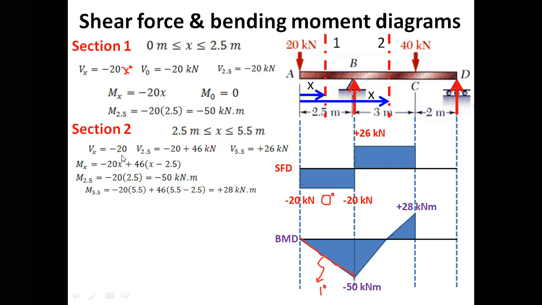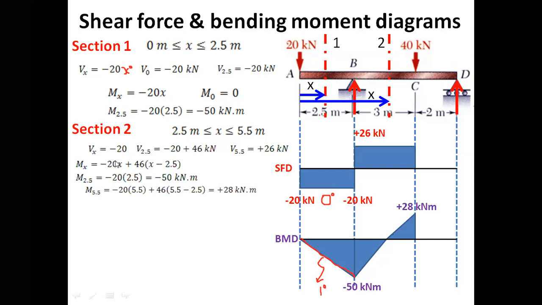Definition of the shear force: the algebraic sum of all of the forces on one side of the section. So the algebraic sum of all of the forces on the left hand side of the section. Upward forces positive, downward forces negative.